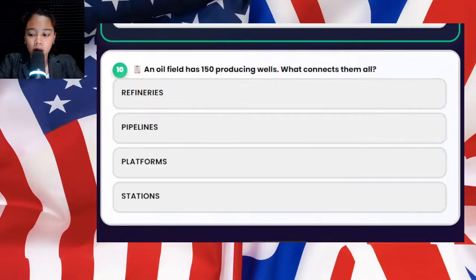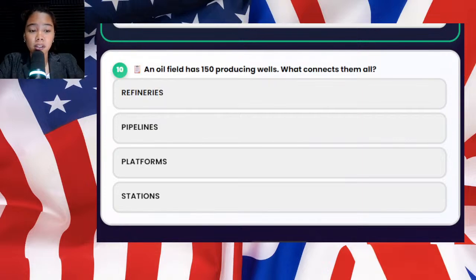Here, we are talking about the one responsible for connecting the producing wells, not the oil field. So what connects them all? What do you think is the answer here?